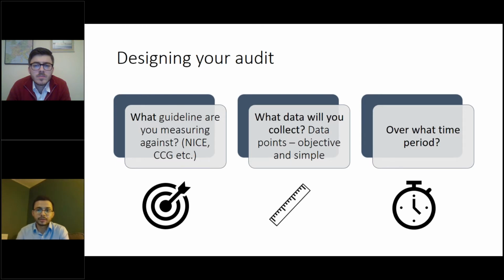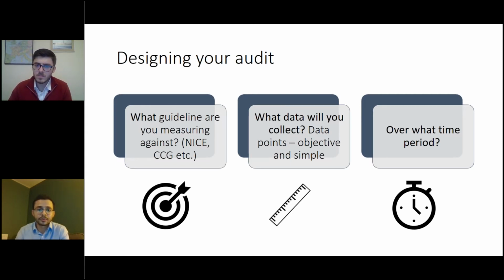After you've defined your aims, the next step you want to do is to come up with an audit criteria and audit standards. So when you're thinking about audit criteria, this is the specific bit. So this is the specific aspect of practice that you are measuring against. So in our example, you might say that patients admitted to the surgical assessment unit must have appropriate VTE prophylaxis prescribed.